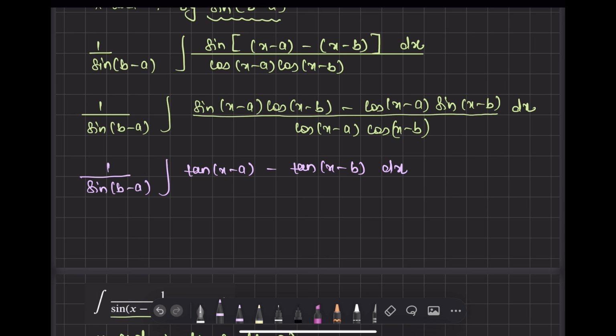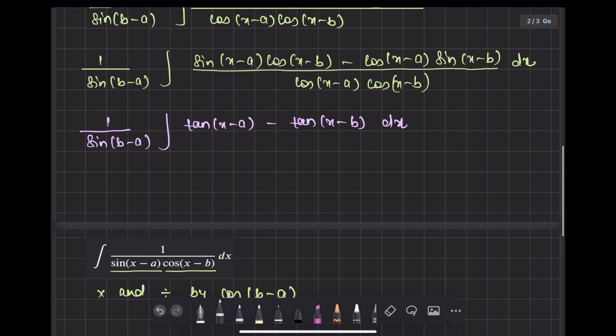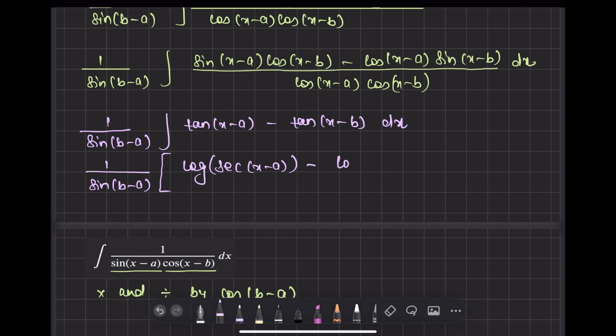Correct? Now you know that the integration of tan x is log sec x, right? So 1 by sine b minus a, and then we have log sec x minus a minus log sec x minus b, and then we have integration constant c.